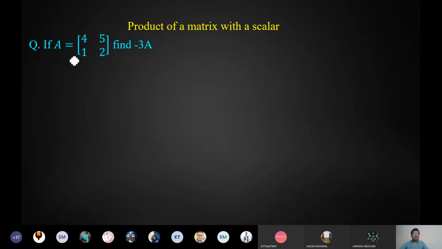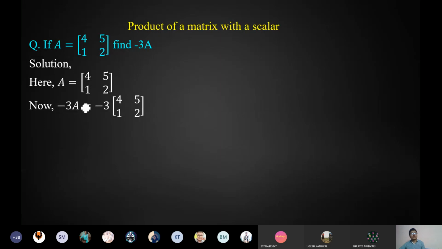A is given as 4 5 1 2, and you need to find minus 3A. So let me display the solution. A is equal to 4 5 1 2. Minus 3A is equal to minus 3 times 4 5 1 2. You need to multiply all the elements of the matrix with minus 3 here. Don't leave any element.